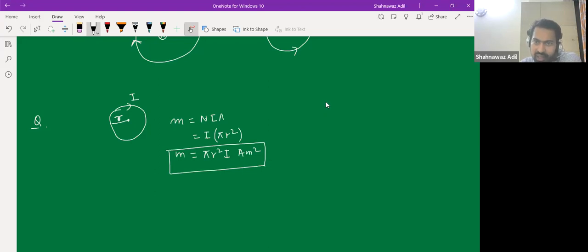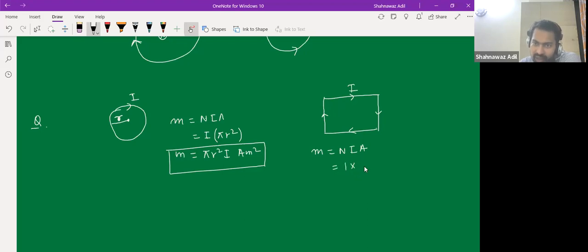And let's say we have this kind of rectangular loop. Then what would be the magnetic moment? Again, N I A. The current flowing is I, and N is 1.